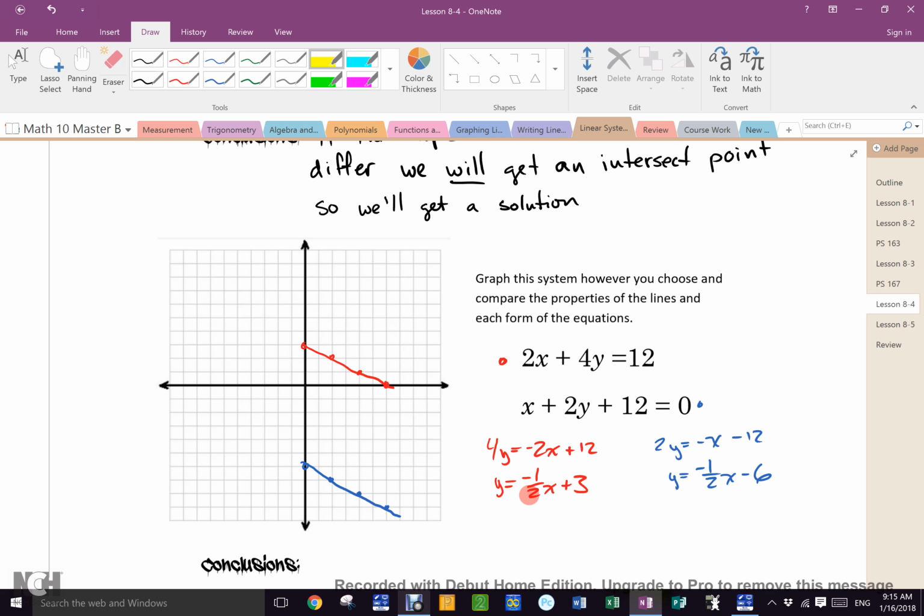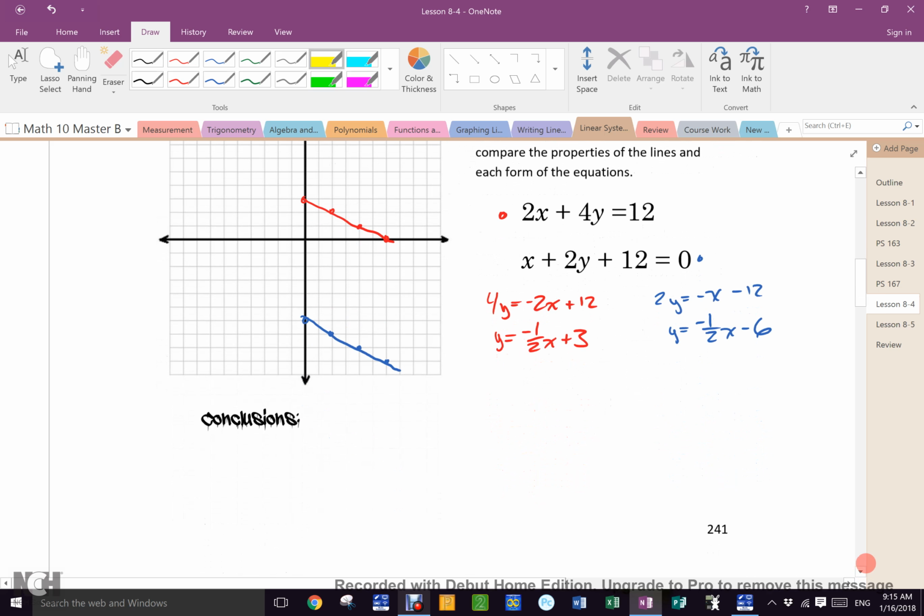Parallel. What do you know about parallel lines? They don't cross, which means if they have the same slope, will they ever cross? No, which means will there ever be a solution? No. So what does that tell us?